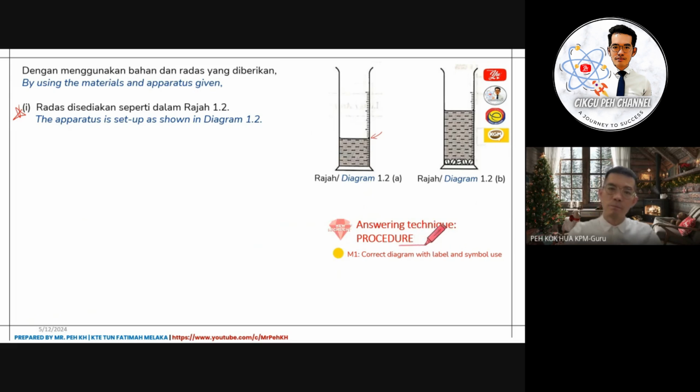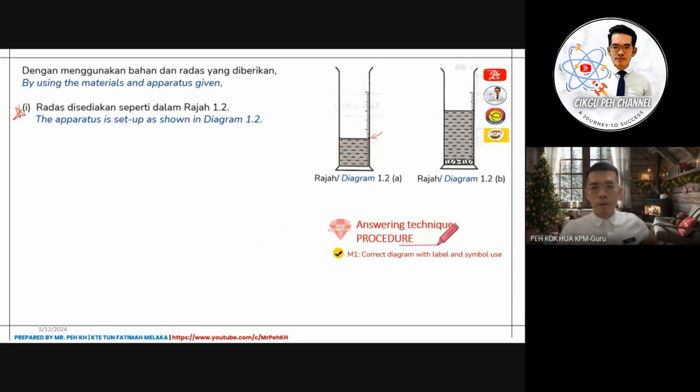Then you have to place the marbles into the measuring cylinder, and we expect the water level to rise, like diagram 1.2b. So this will be the first mark.